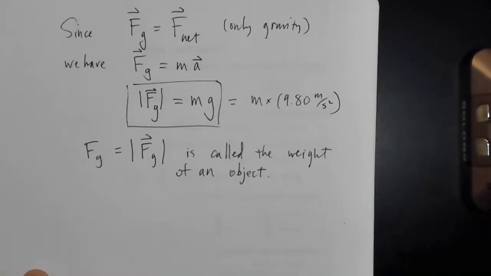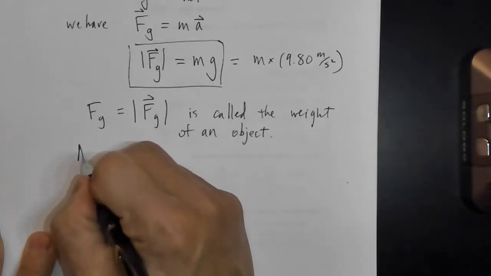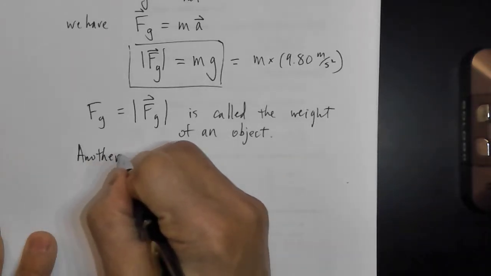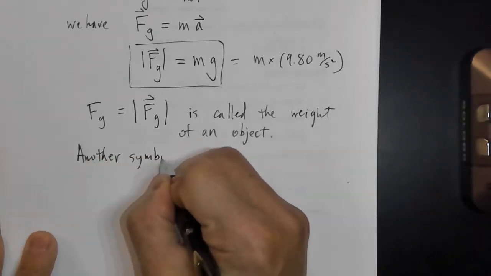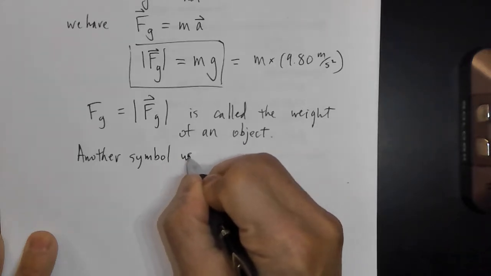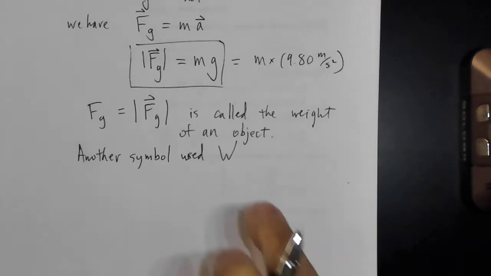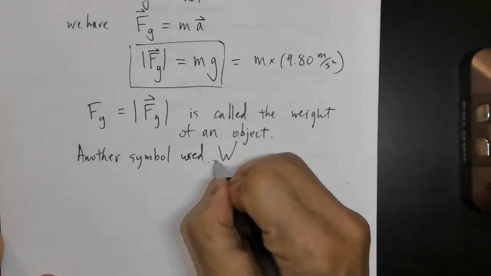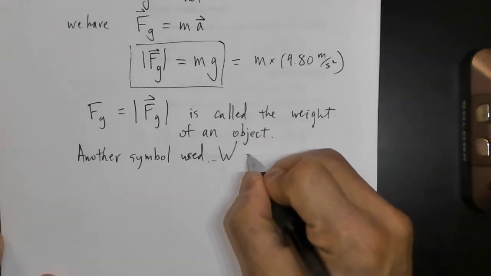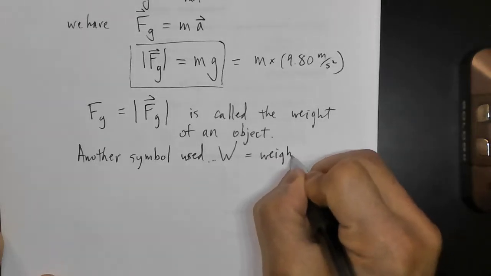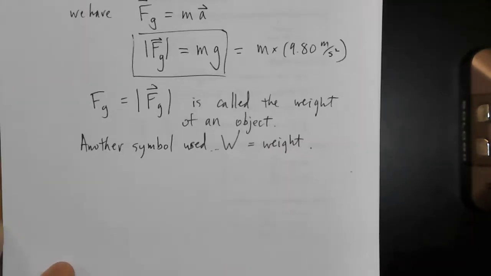Sometimes you'll see another symbol used. Your textbook prefers small w, but capital W is also used for weight more often. And because it's a force, it has units of newtons. Okay, all forces have units of newtons.